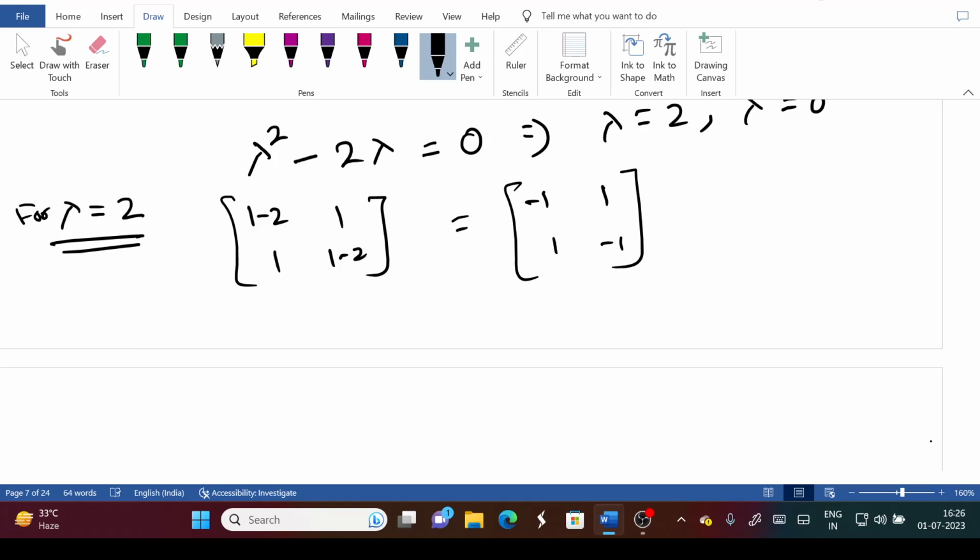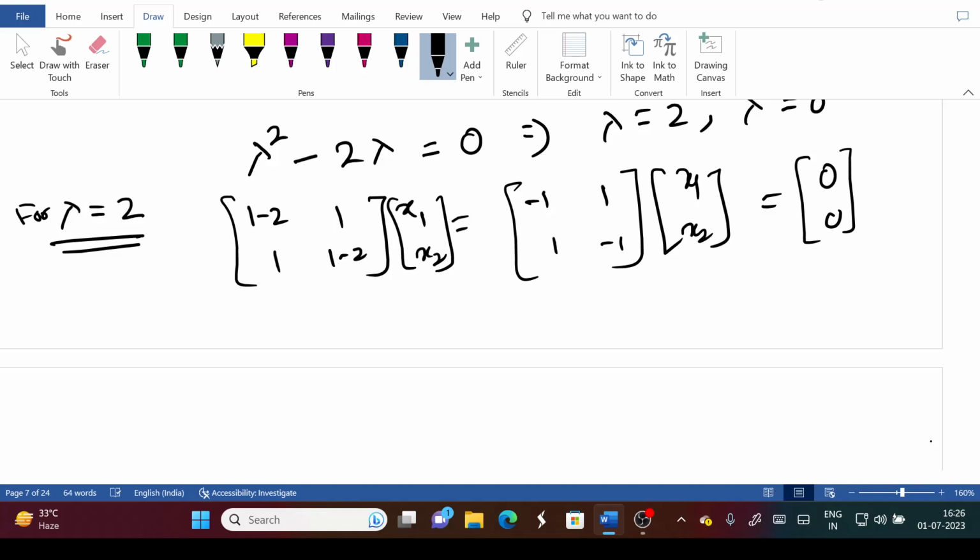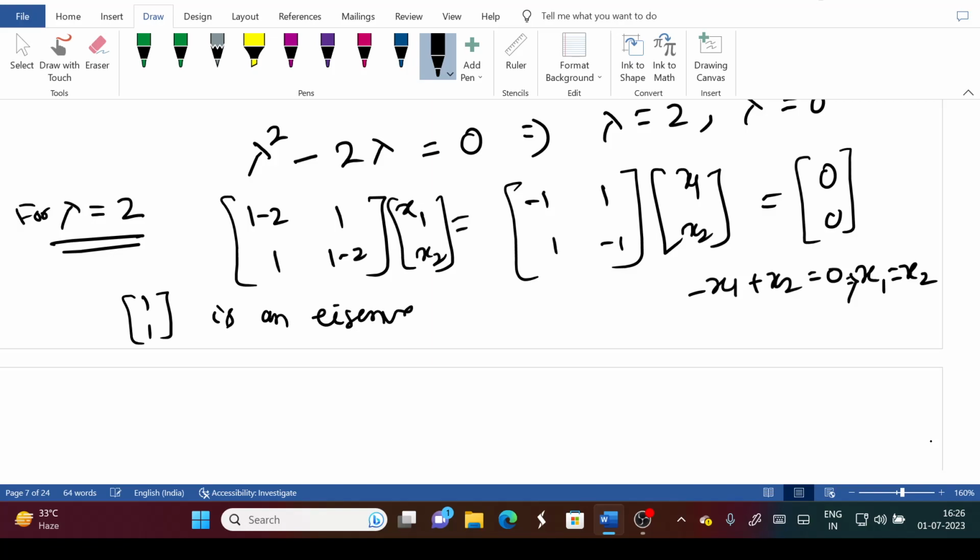If I write this matrix times (x1, x2) equal to (0, 0), that means minus x1 plus x2 is equal to 0, or x1 is equal to x2. So (1, 1) is an eigenvector of A for lambda equal to 2.